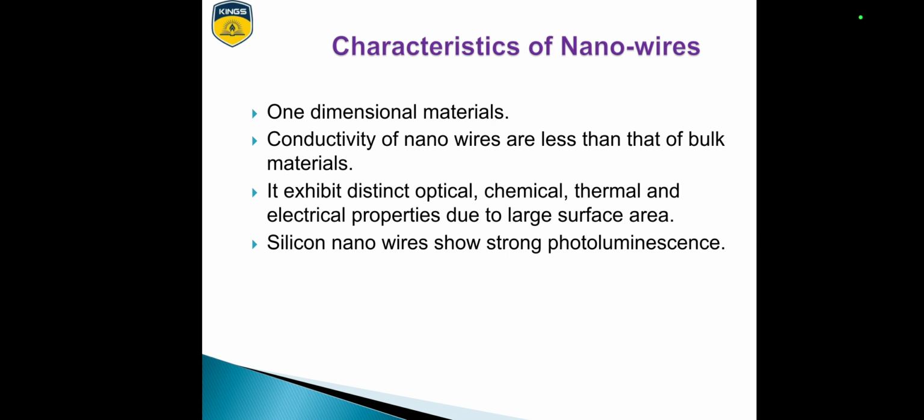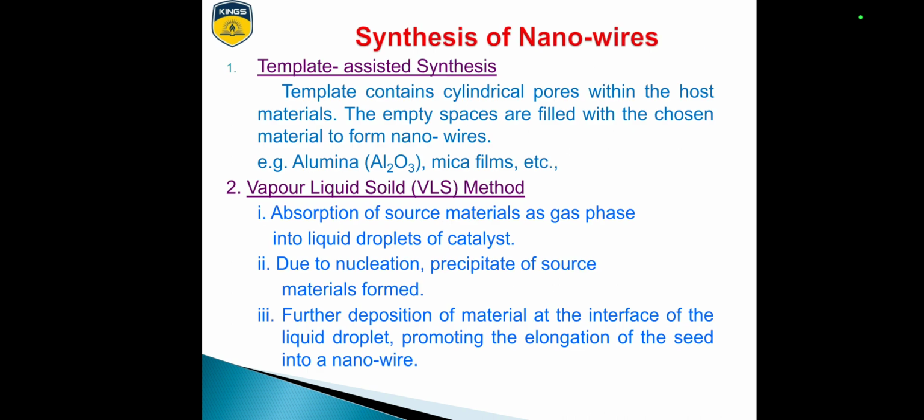The conductivity of nanowires is less than that of bulk materials. They exhibit distinct optical, chemical, thermal, and electrical properties due to large surface area. Silicon nanowire shows strong photoluminescence.